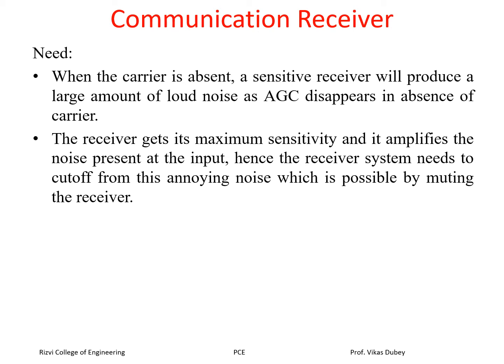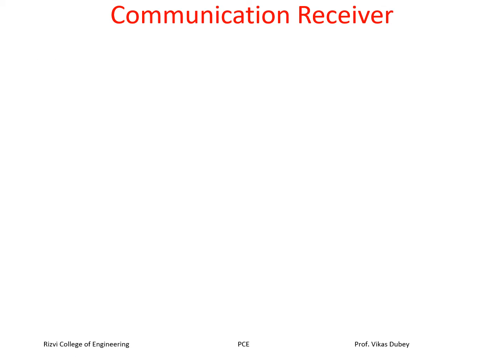The receiver gets its maximum sensitivity and amplifies the noise present in the input. Hence the receiver needs to be cut off from this annoying noise, which is possible by muting the receiver. So to stop that amplification, the squelch circuit is used.